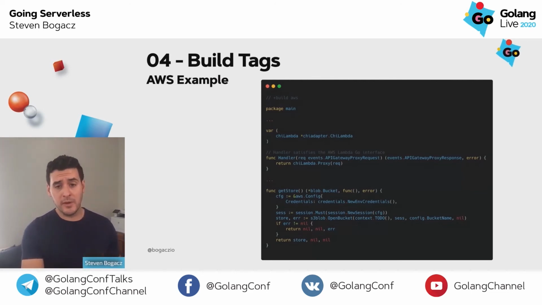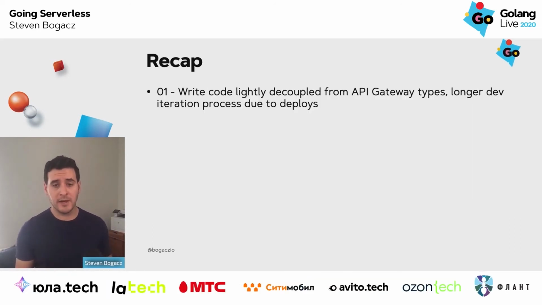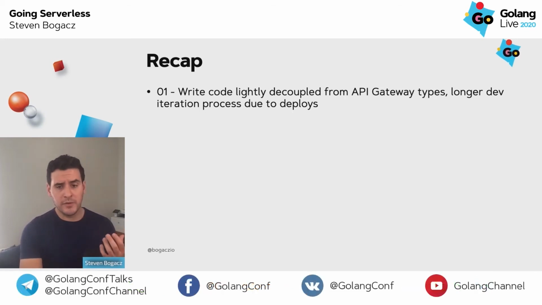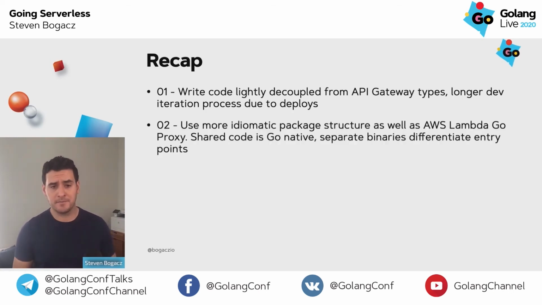So anyways, to recap, when we started off, we were writing code that was slightly decoupled from API Gateway. It was not hard to deploy, but it took a while to deploy, and that process can get onerous and tiresome if you're deploying a lot or iterating on your code a lot. From there, we moved to a more idiomatic package structure.